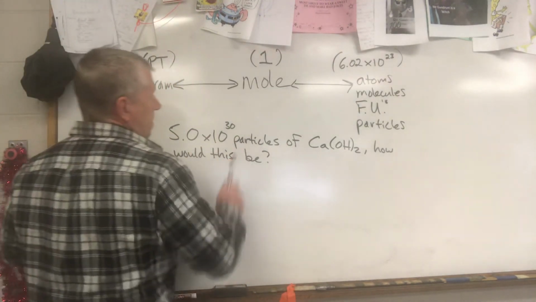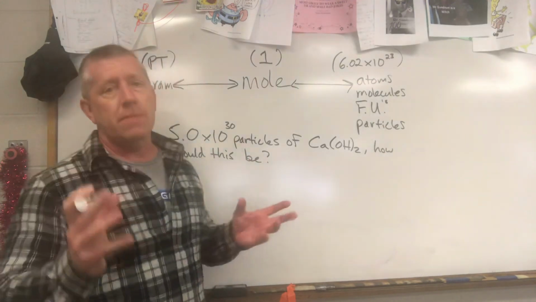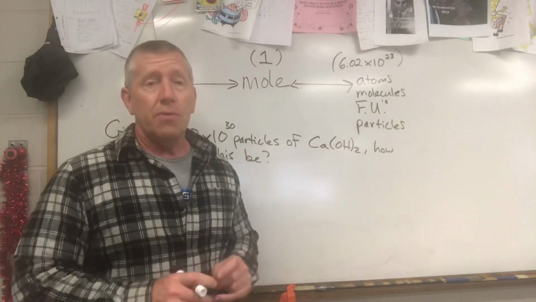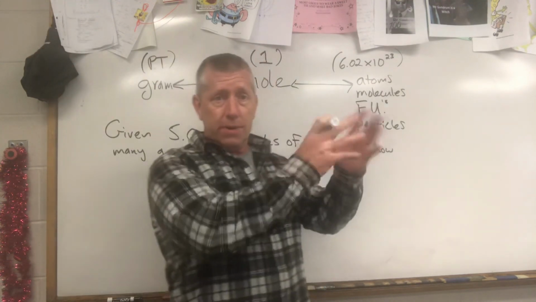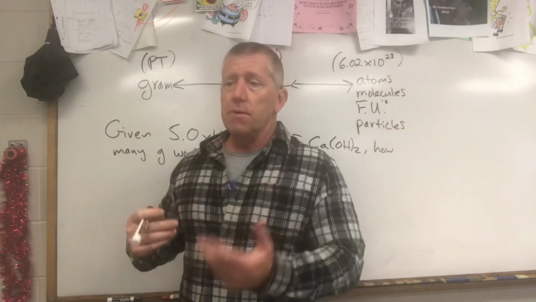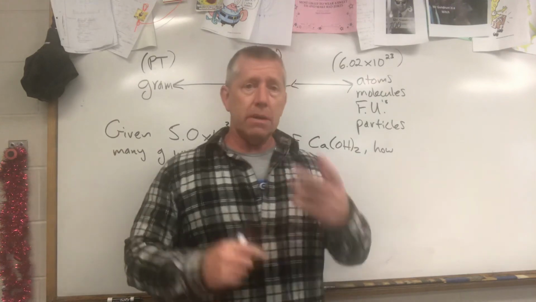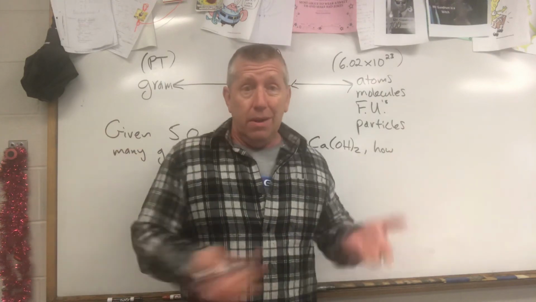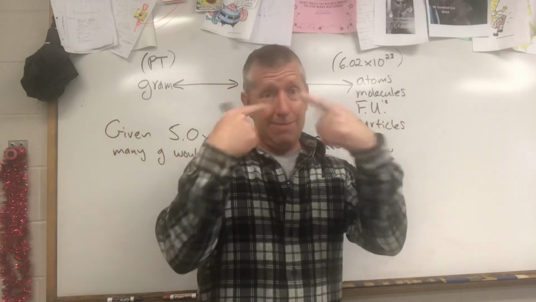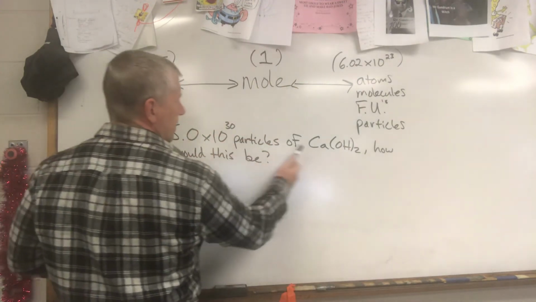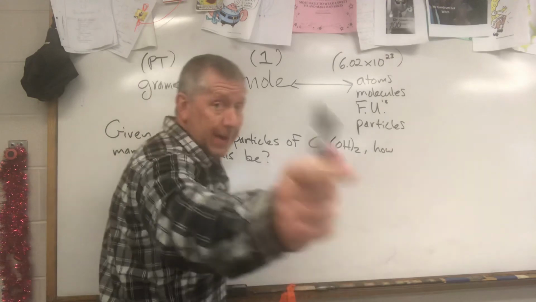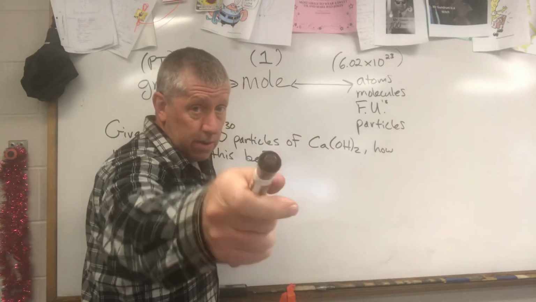Actually, I use the word particles. That kind of covers you, whether or not you're talking about molecules or ionic compounds, because remember molecules are actually two nonmetals, and a formula unit is your metal and nonmetal. I say particles, just like covers both. So given 5.0 times 10 to the 30 particles of calcium hydroxide, there's some naming and formula writing there.